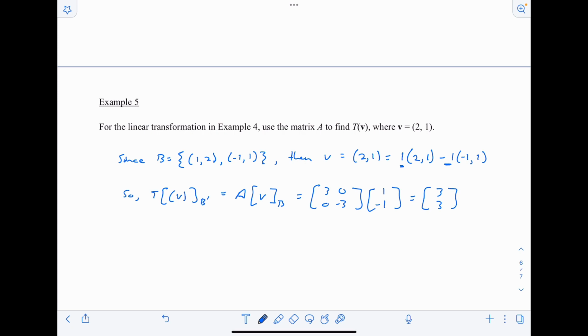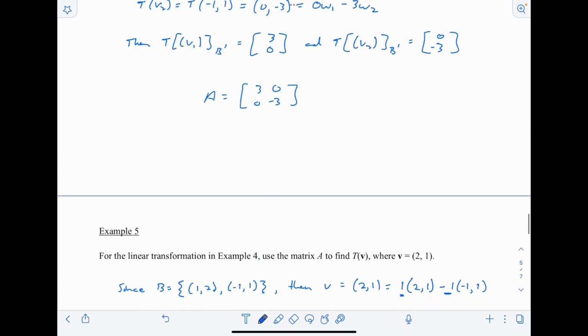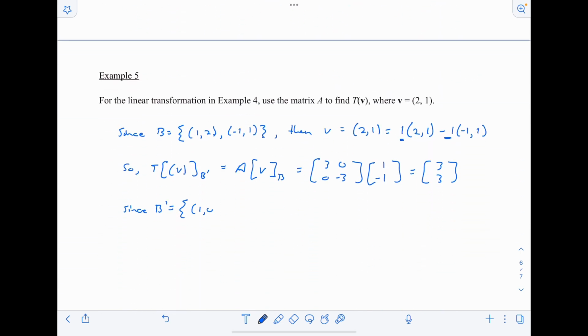All right, now, since B prime is the set of vectors 1, 0, 0, 1, from that, we're going to say then, T of V is the linear combination of 3 times 1, 0 plus 3 times 0, 1, which is just going to be 3 plus 0 is 3, and 0 plus 3 is also 3.